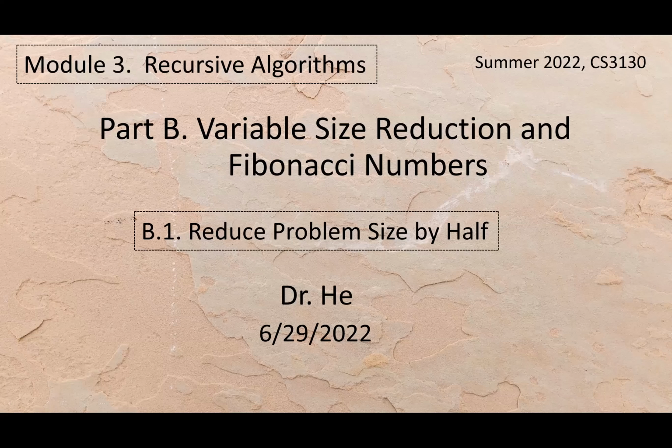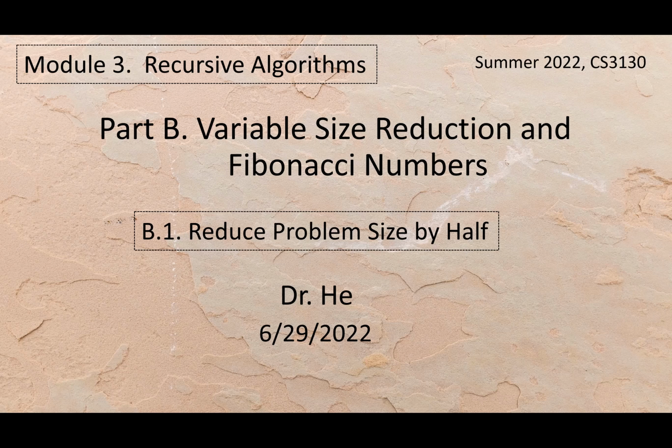The first part, variable size reduction. From its name, you can see we reduce the problem size. But when we do the reduction, each time the size reduction could be different, so it's not a constant.